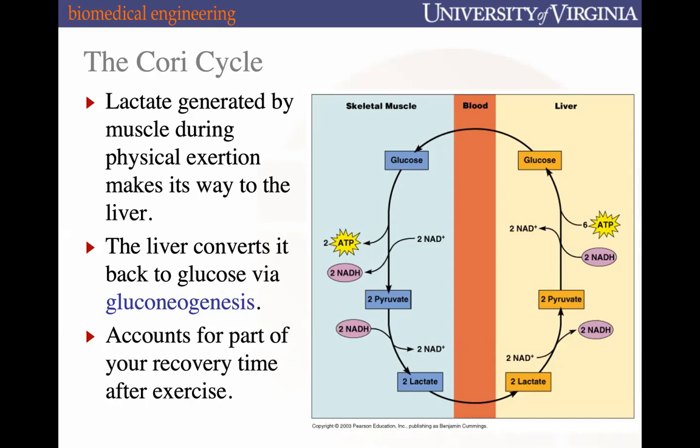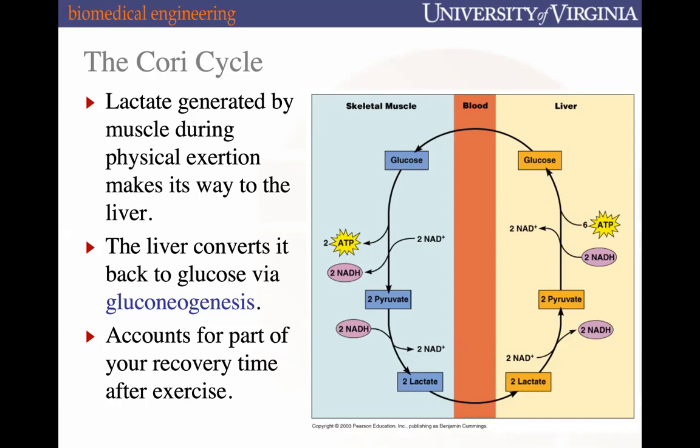And so the lactate is going to be transported out to the liver. And in the liver, there are enzymes that are going to produce 2 pyruvates from lactate. And with the consumption of NADH, you're going to produce glucose that's going to go back to the skeletal muscle as an energy source.